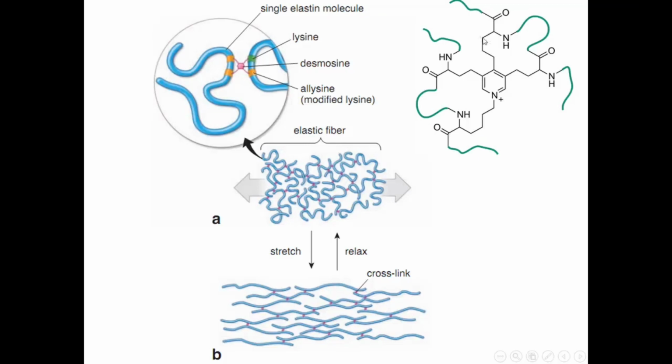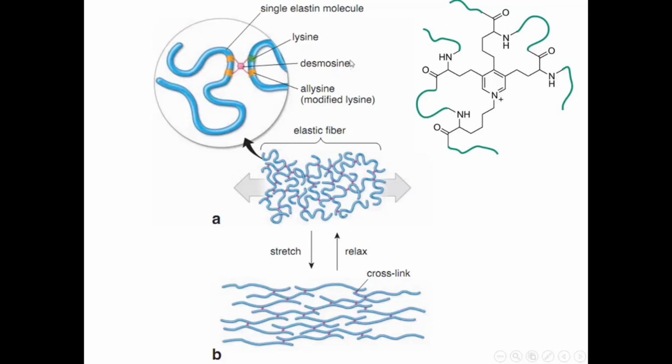Here also shows the formation of the elastic fibers. You see the elastin molecules first attached together by a special cross-link. This special cross-link is called desmosine.